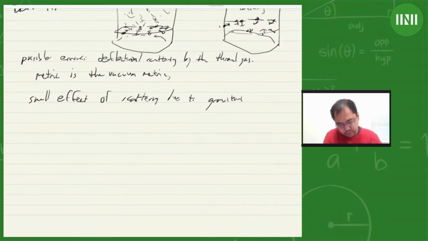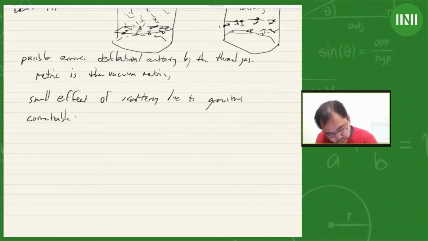So there's a small effect of scattering due to gravitons, and importantly, this is intuitively correctable. You just shift your ingoing momentum slightly.